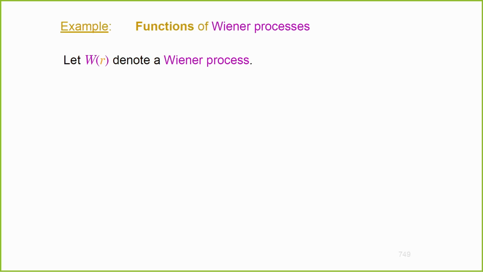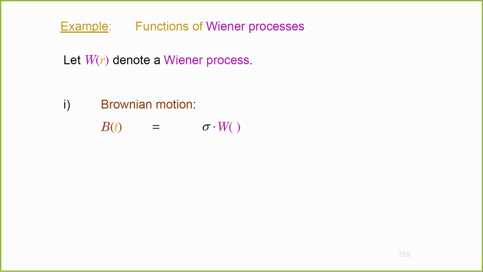Now, in the second half we're going to look at some functions based on Wiener processes. The first, which we're already familiar with, is the Brownian motion, because I defined the Brownian motion first. If you want to create a link between the Brownian motion and the Wiener process, you would simply multiply the current observation of the Wiener process by some constant to get the Brownian motion.